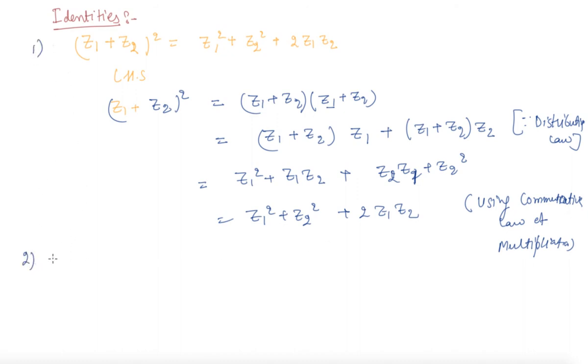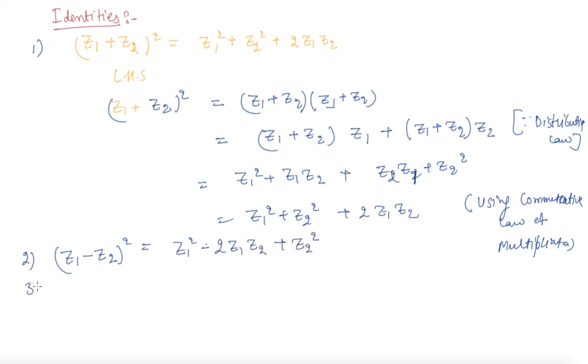Similarly we can also prove that z1 minus z2 whole square is equal to z1 square minus 2 z1 z2 plus z2 square.